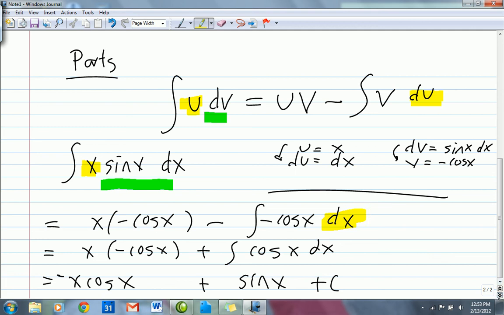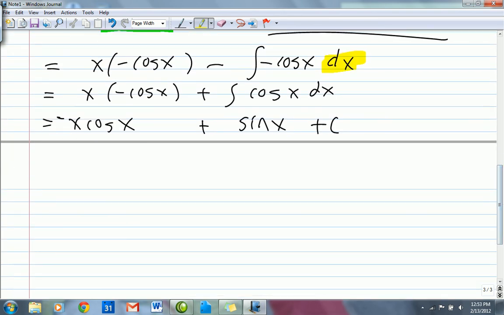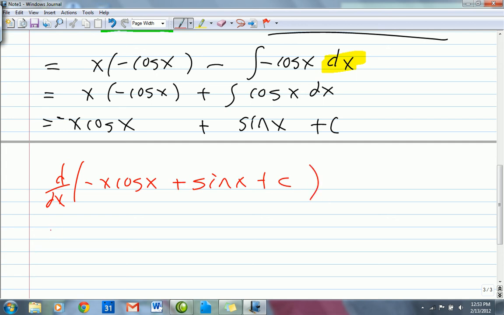So here's my check. I'm going to take the proposed antiderivative and differentiate it: negative x cosine x plus sine of x plus c. I've got to use the product rule here. The product rule says take the derivative of the first piece, which is negative x, which is negative 1, times the second, plus the first piece times the derivative of the second.